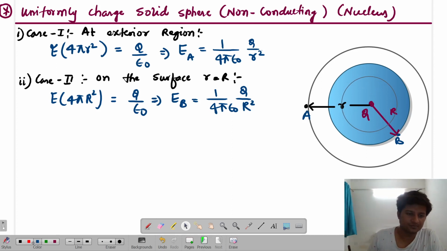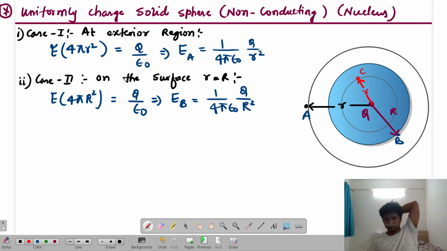This is my Gaussian surface. Means if I want to find the field at the internal region, I need to construct a Gaussian surface, isn't it? And this Gaussian surface is located at some distance r from the center. ठीक? Yeah, and I want to find the field over there.